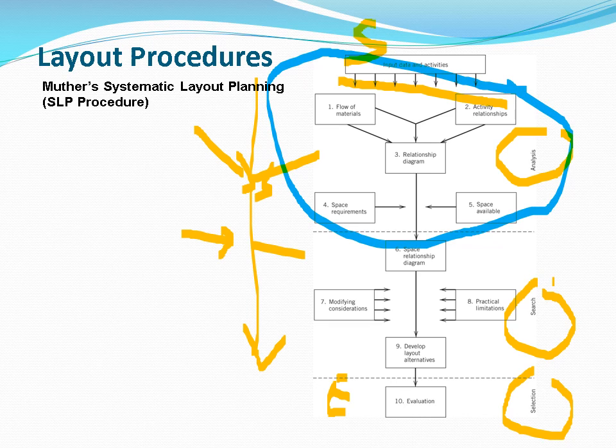And then the search is the space relationship diagram, modification, and the practical limitation. And this one is the evaluation. Evaluation is related to planning and not under the evaluation stage. Remember that this systematic layout is all in the planning. What is emphasized here is evaluating the best choice of the layout.